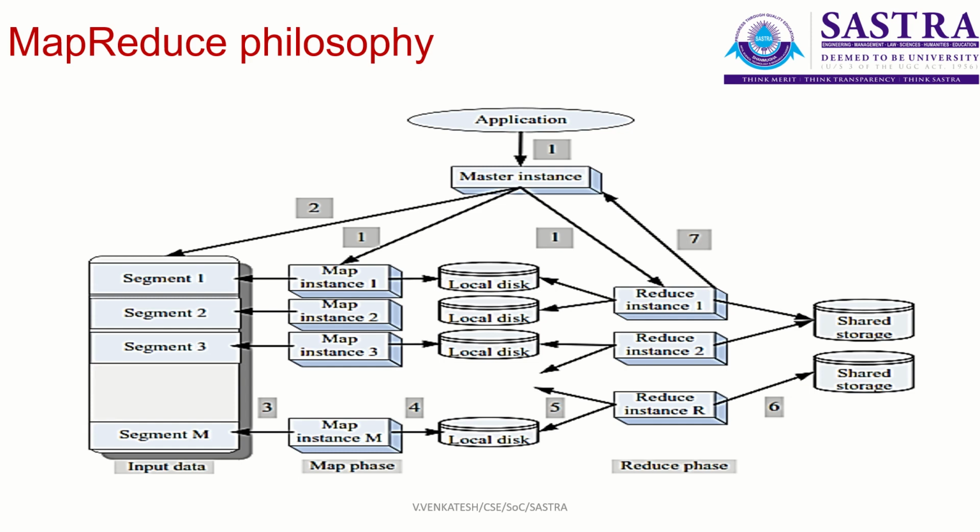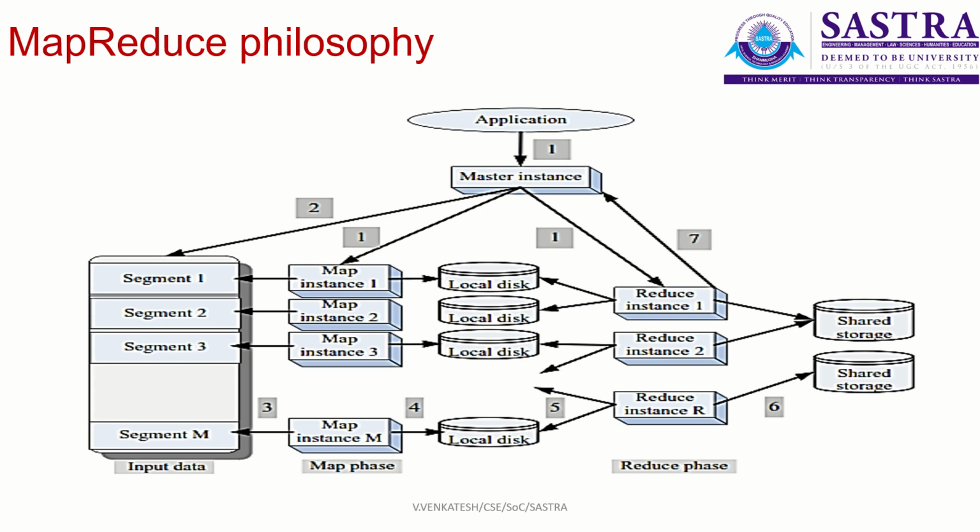That is called input data, and it is given as input for the map instance. The role of the map instance is to read the data from the input segment and then process the data. Again, I will repeat: the map instance reads the data from the segment and then processes the data.